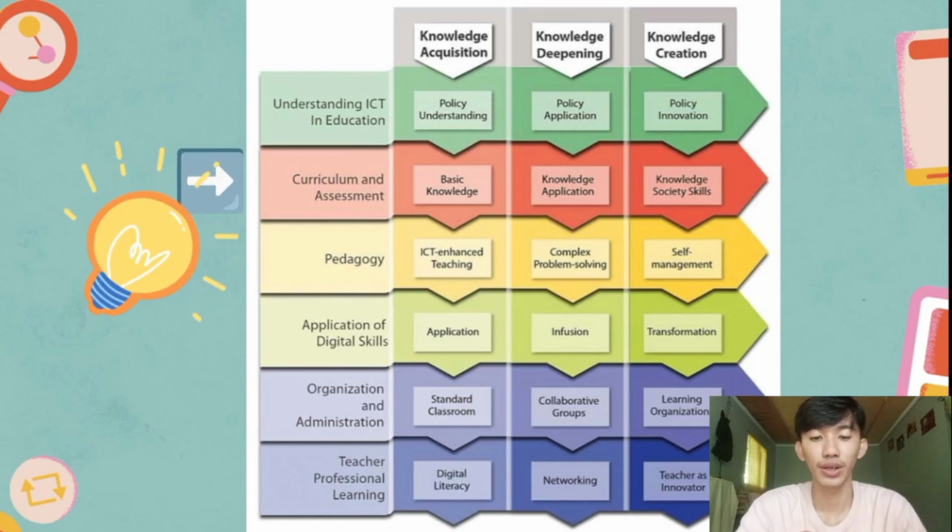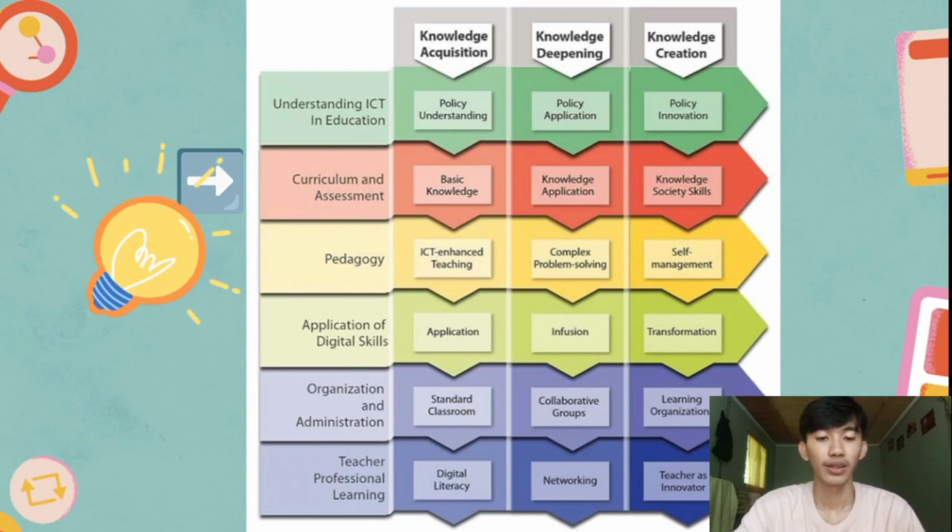So the next aspect is curriculum and assessment. Nakapaloob dito sa 3 levels, yung sa knowledge acquisition is basic knowledge, and sa sunod naman is knowledge deepening is knowledge application, and knowledge creation is knowledge society skills.